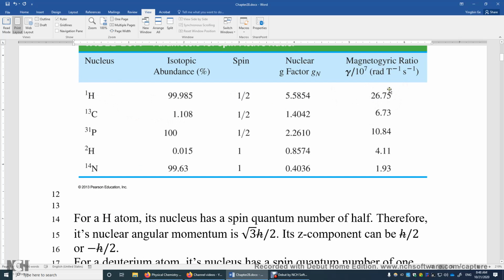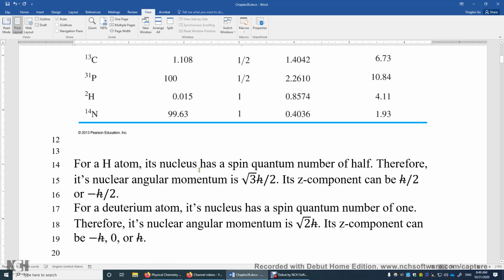The hydrogen has a larger magnetogyric ratio. For a hydrogen atom, its nucleus has a spin quantum number of 1/2. Therefore, the magnitude of its nuclear angular momentum is the square root of 1/2 times 1 plus 1/2, times h bar.